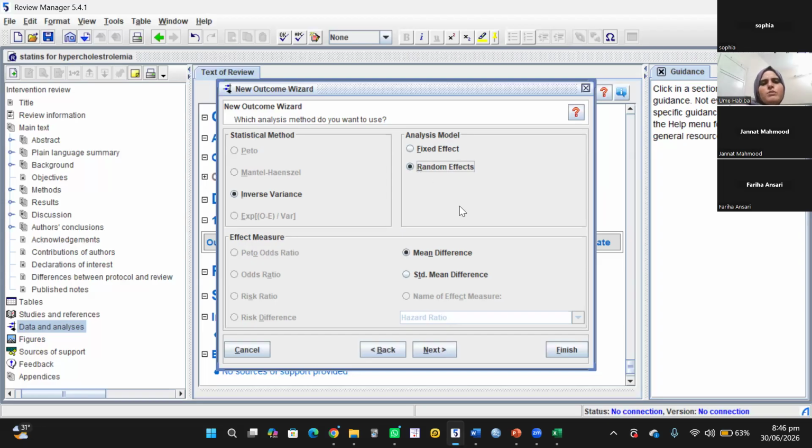What is the difference between fixed effect and random effect? Basically, when your studies are homogeneous, same sample size, same age of the patient, same comorbs, almost similar ratio of the gender, then you can use fixed effect. But for medicine related studies, it's very hard to have such homogeneous studies.